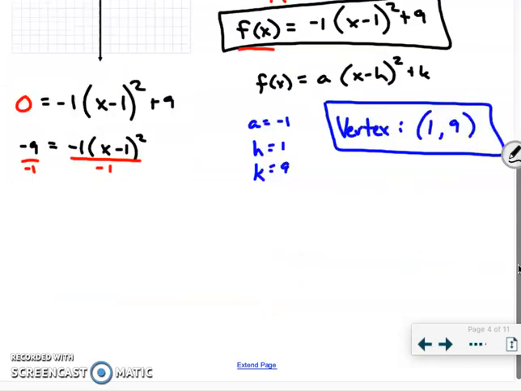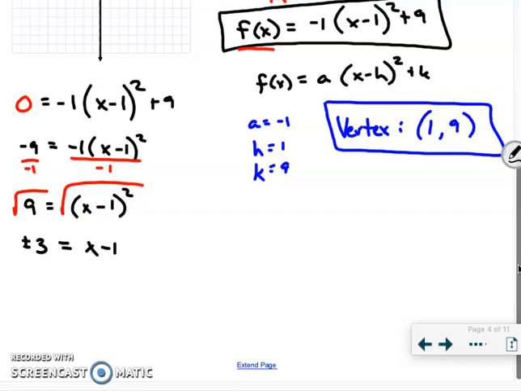Negative 9 divided by negative 1 is going to be positive 9. My negative 1s are going to cancel out, leaving me with x minus 1 squared, where I want to find the square root. So the square root of 9, don't forget, is plus or minus 3. That's equal now to x minus 1. If I were to add the 1 back over, what this literally means, again, is x is equal to 1 plus or minus 3.